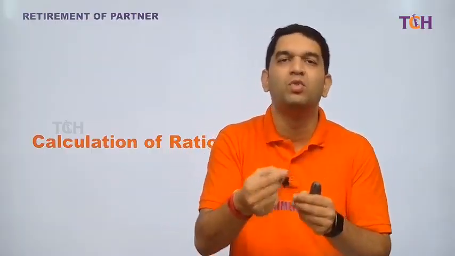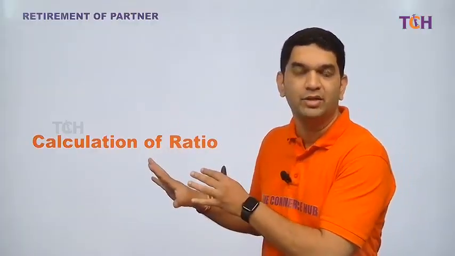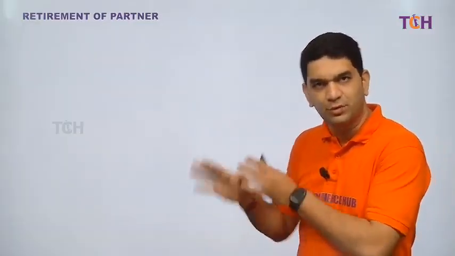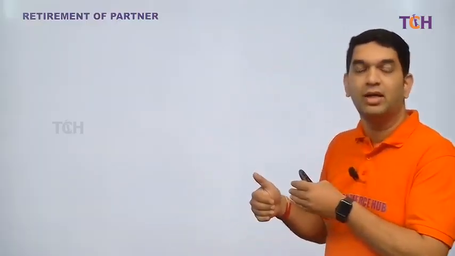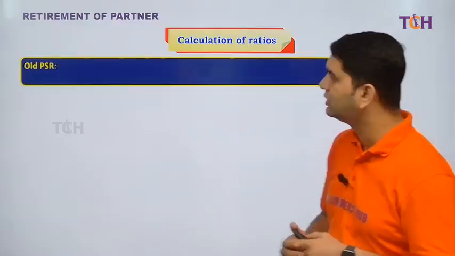Additionally, we're going to have one or two more adjustments, but these adjustments are there in the death of partner chapter as well. So please be very, very careful while learning this, because this will cover your death of partner chapter as well. Whatever we have seen till now, not only calculation of ratios, but the whole first module and the undistributed accumulated profits adjustments, everything is going to be in your next chapter as well.